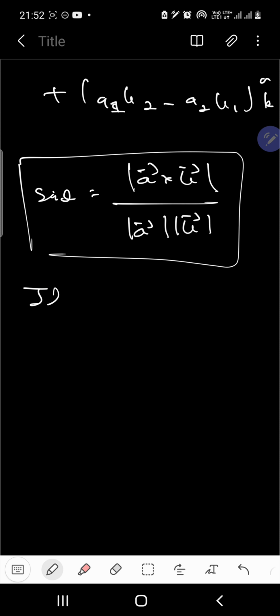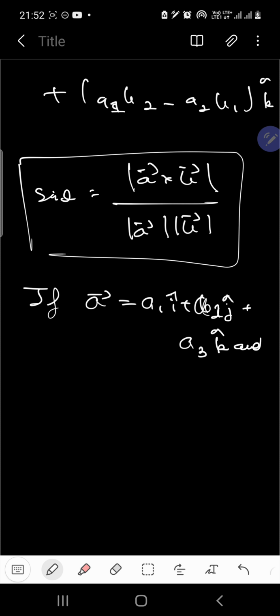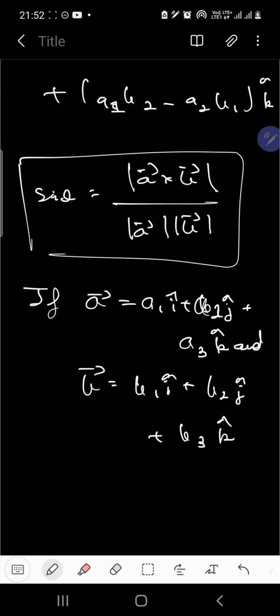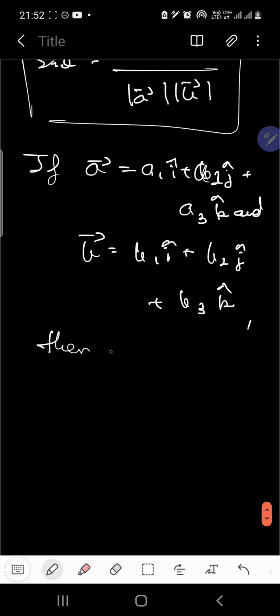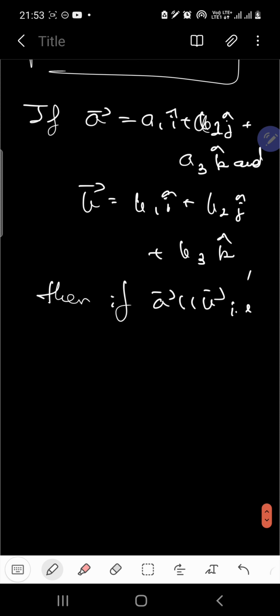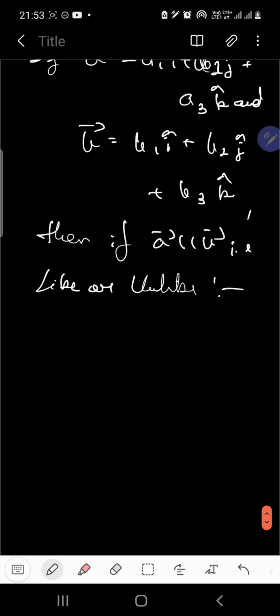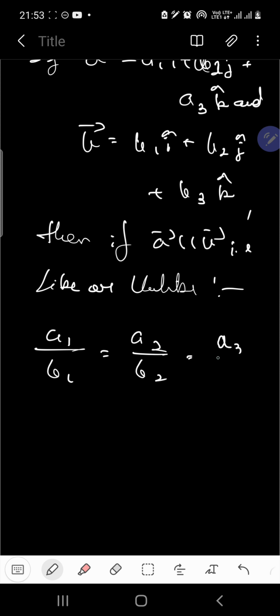It says that if vector A is A1 i cap plus A2 j cap plus A3 k cap and B is equal to B1 i cap plus B2 j cap plus B3 k cap, then if the vectors are parallel, that is, they are like or unlike vectors, A1 by B1 is equal to A2 by B2 is equal to A3 by B3.